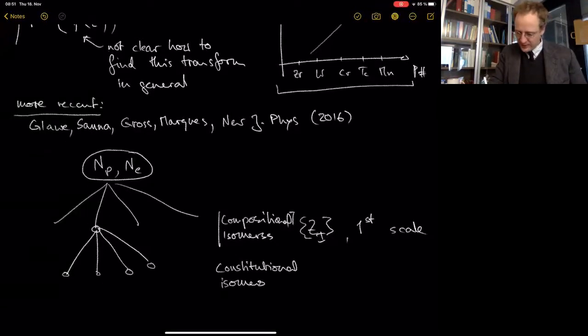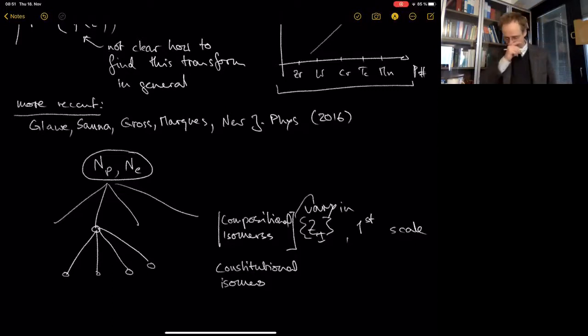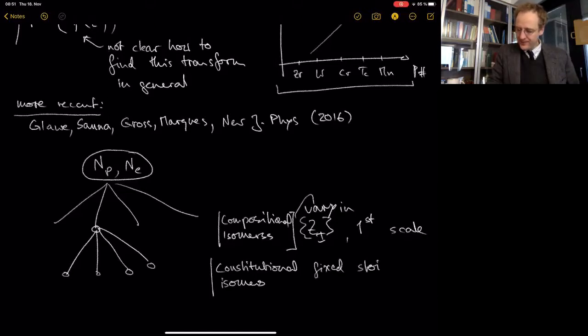These compositional isomers vary in your stoichiometry, so the constitutional isomers have fixed stoichiometry, different graphs.